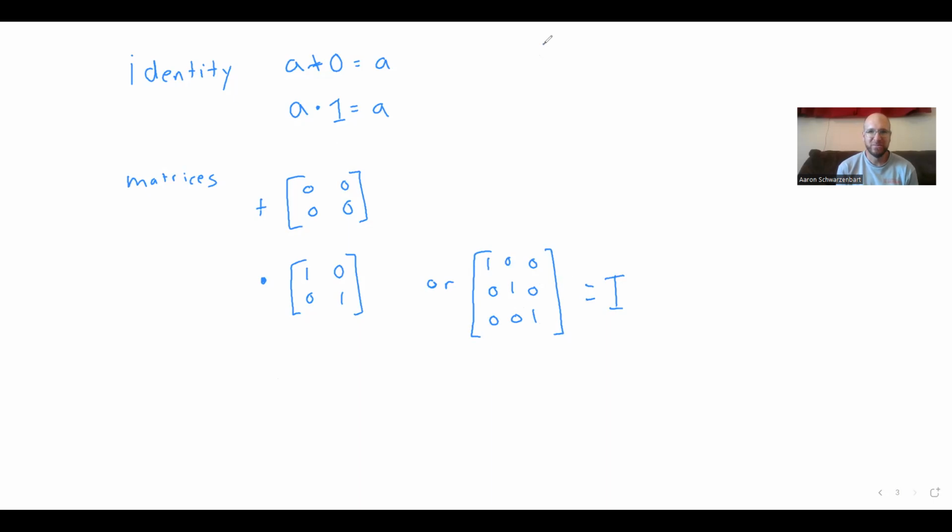Another thing we're going to talk about is inverses. When we're talking about basic addition, the inverse operation of addition is subtraction. The key to inverses is they give me the identity.